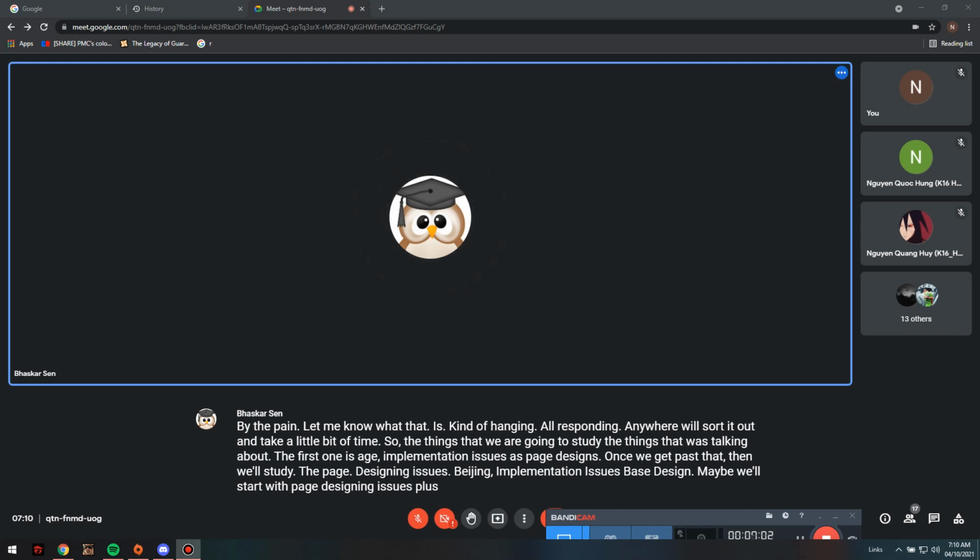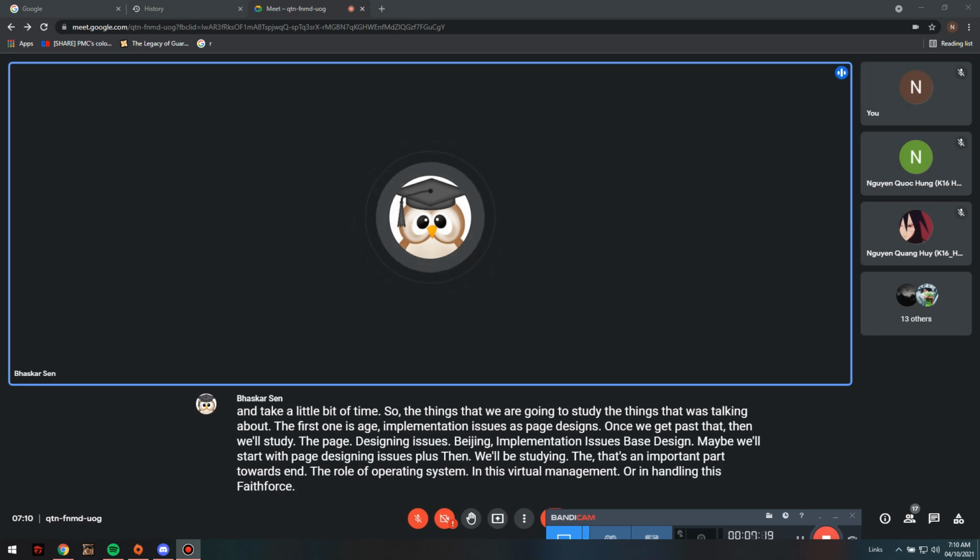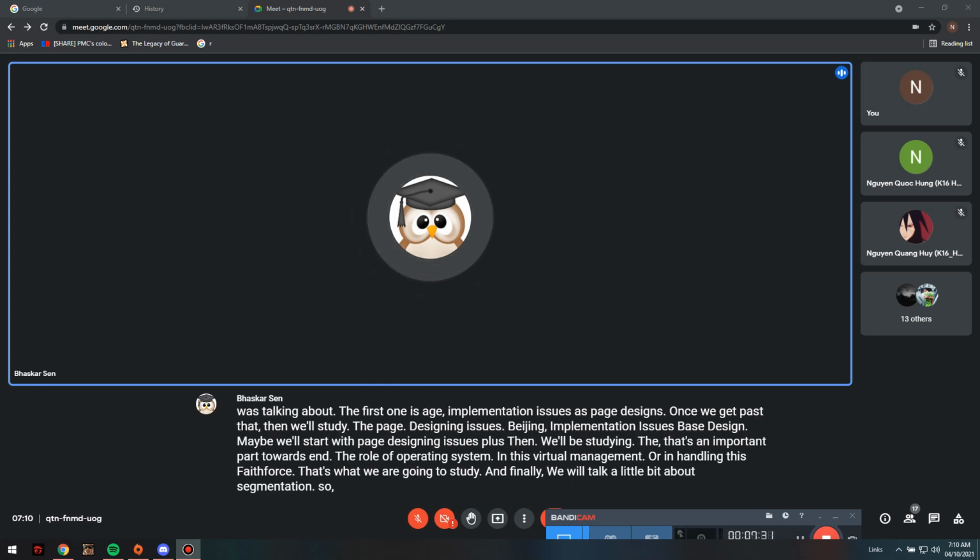And then we'll be studying, that's an important part towards the end, the role of the operating system in virtual memory management, or in handling these page faults. That's what we are going to study. And finally, we will talk a little bit about segmentation. So these are some of the things that we are going to study.